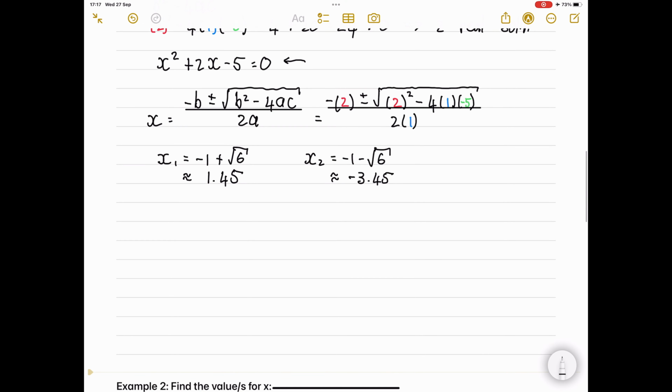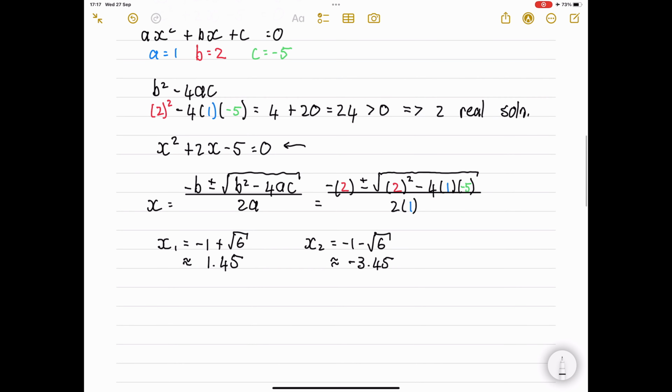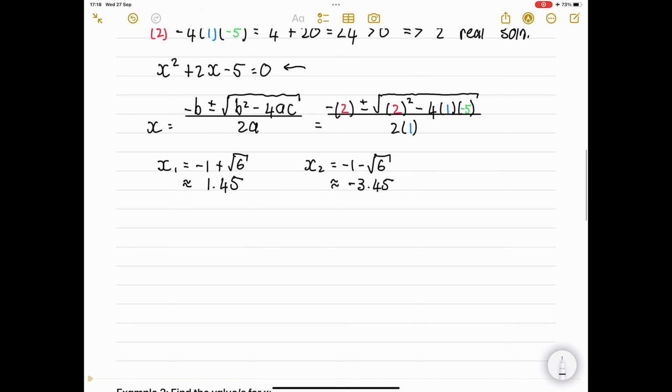Now, if you think in terms of a graph, the quadratic equation is a parabola. And now you have your two x values here. So if I can just quickly explain, you have your x-axis over here and your parabola.